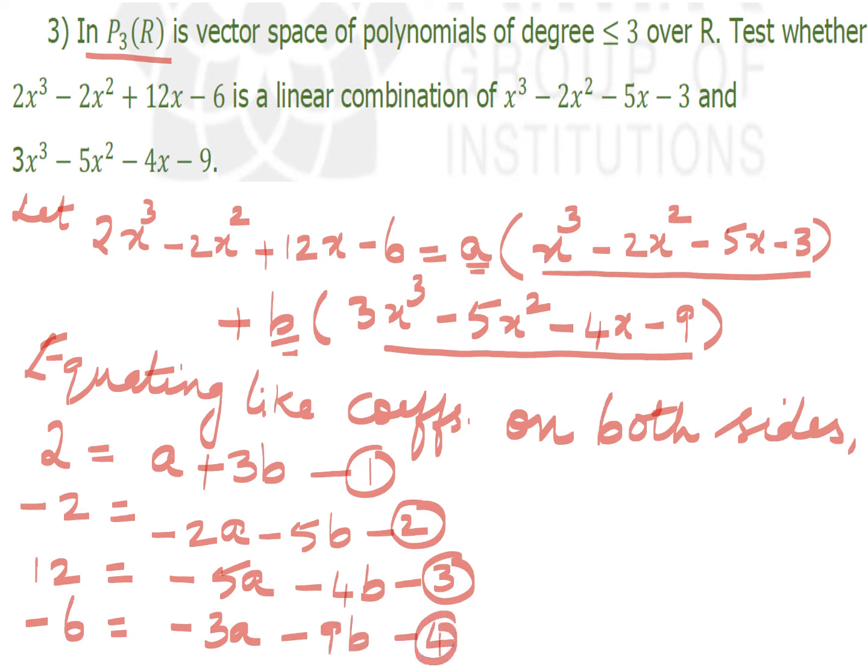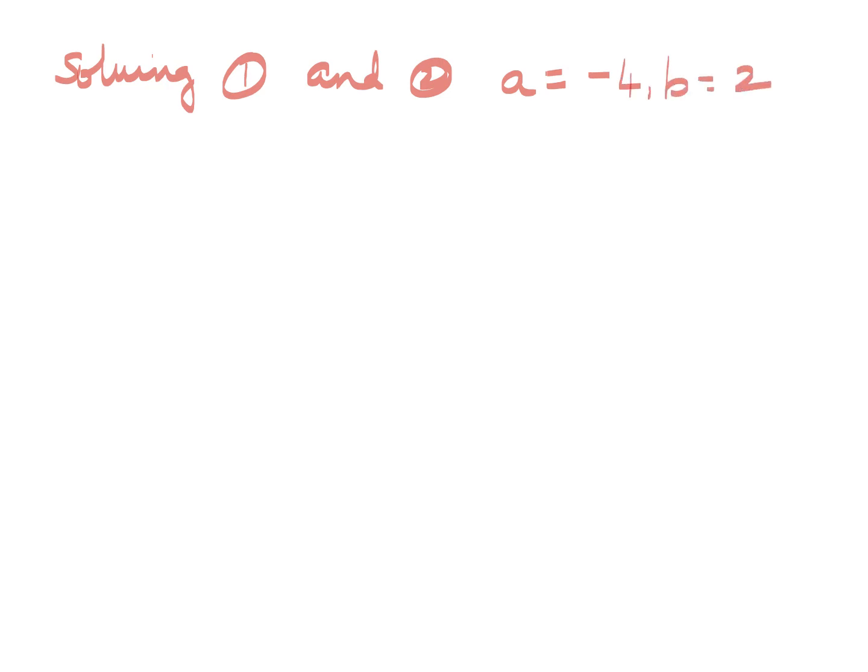So as we solve equations 1 and 2, we get the value of a as minus 4 and b value as 2.